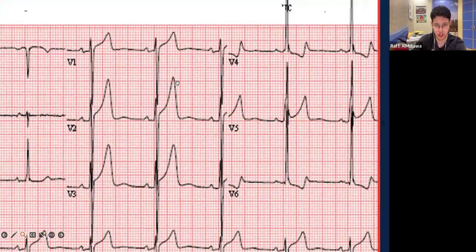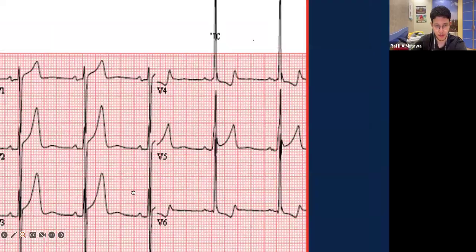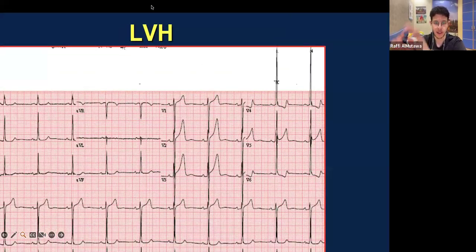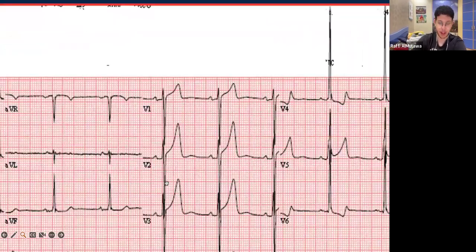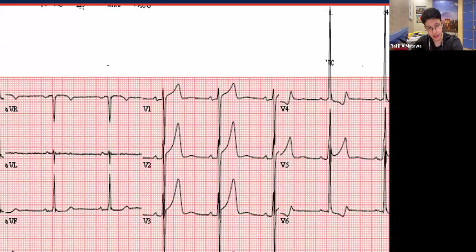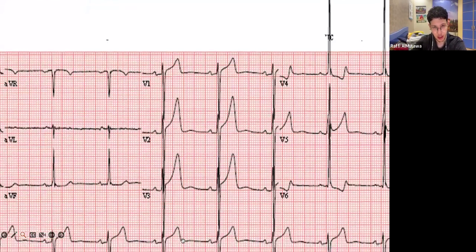But you see the hypertrophy, right? That's one of the reasons why it's very important to identify left ventricular hypertrophy and right ventricular hypertrophy, because they do look like they could be MIs, but they're not. If you were to spread this out a little bit more, you would be able to discern where the J point is, and it would be a lot more clear.